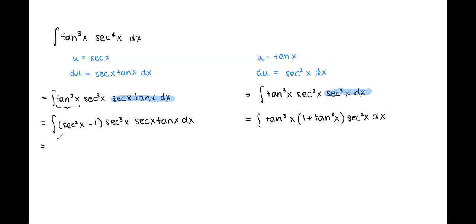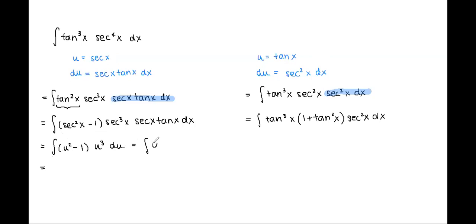So if I have used u to be secant of x, then that means that my first integral over here becomes u squared minus 1 times u to the power of 3, and then secant x tangent x dx is replaced by du. I know that this means that I need to first distribute and then integrate.